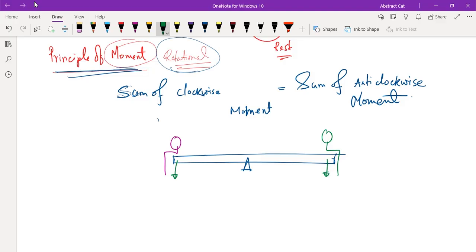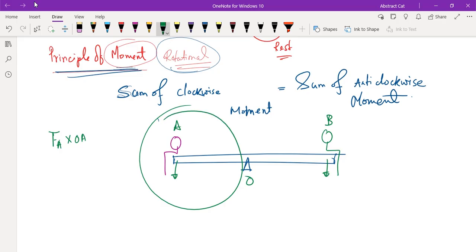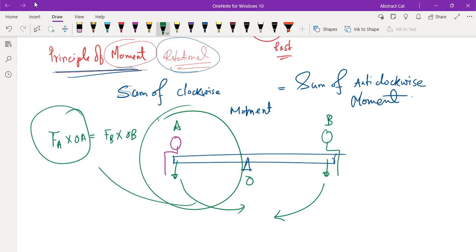Suppose O is the fulcrum, and A and B are the persons. Then FA times OA is the moment on the left side, which is anti-clockwise, and that is equal to FB times OB, the right side, which is the clockwise moment.